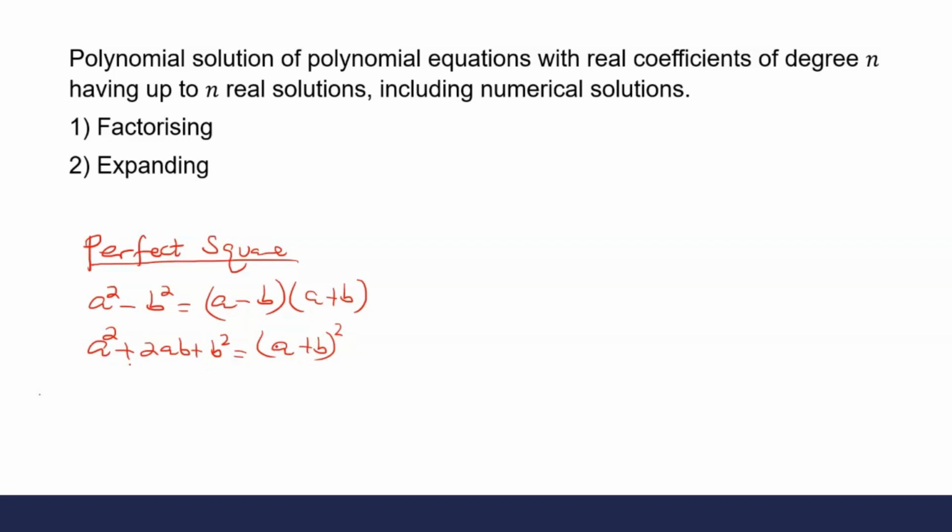It's basically you square the first term, to find the middle term you multiply the first term by the second term times 2, and you square the third term.